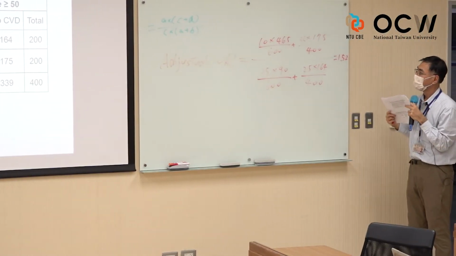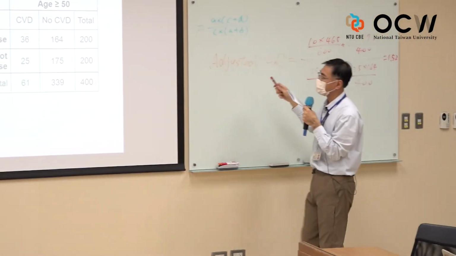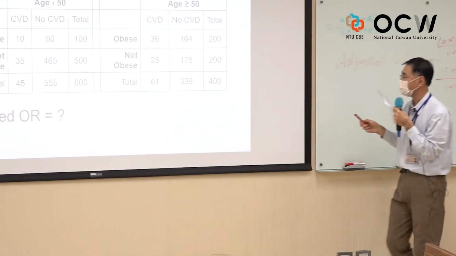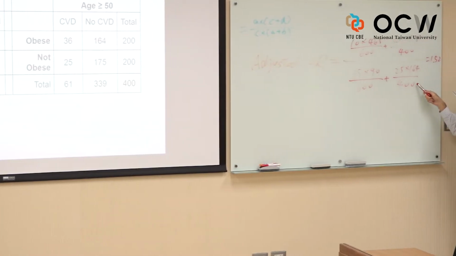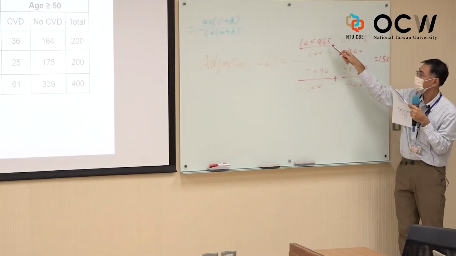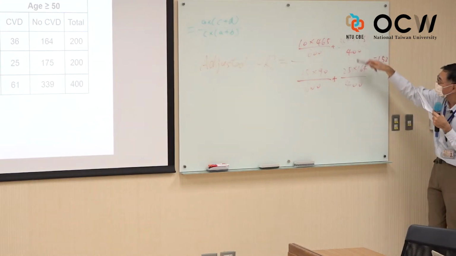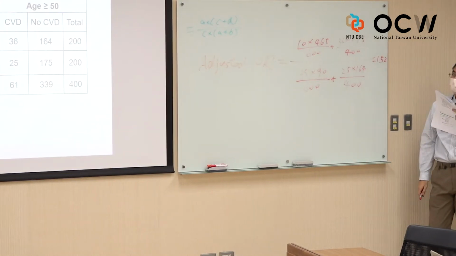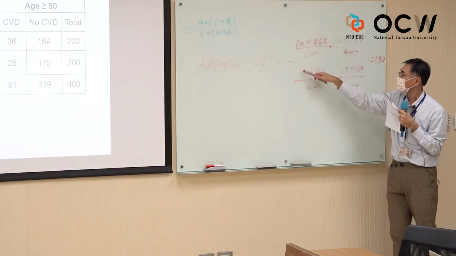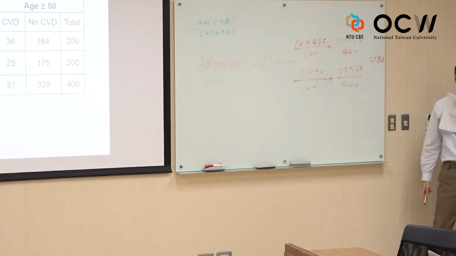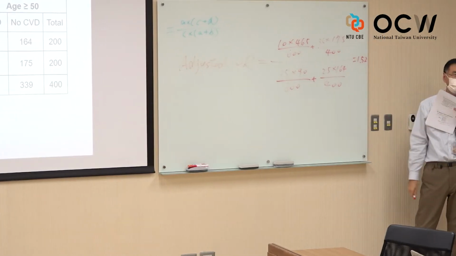Okay? So N1 here will be 600 from this 2x2 table. N2 here is 400, from 2x2 table 2. Okay, but still AD over BC, AD over BC with the total number of each 2x2 table as the weighting.